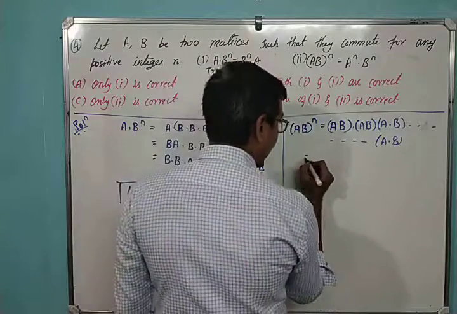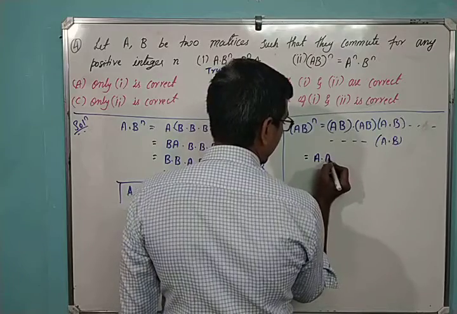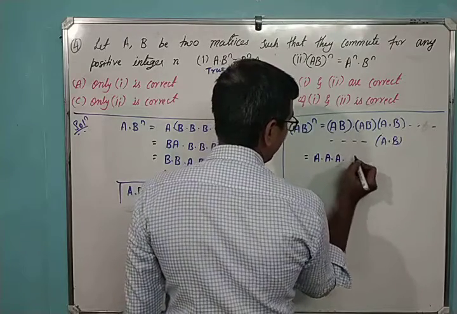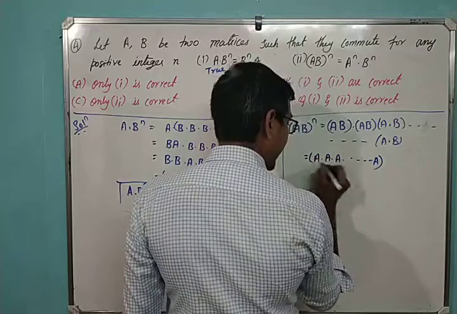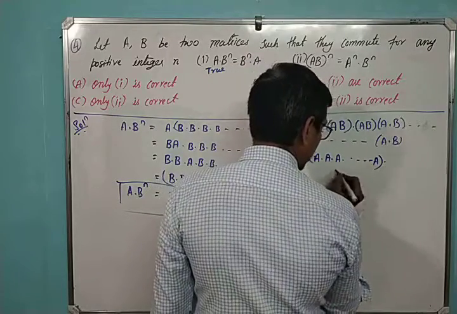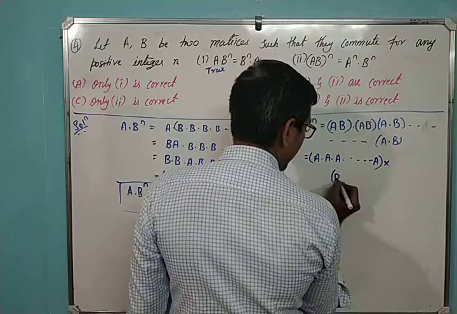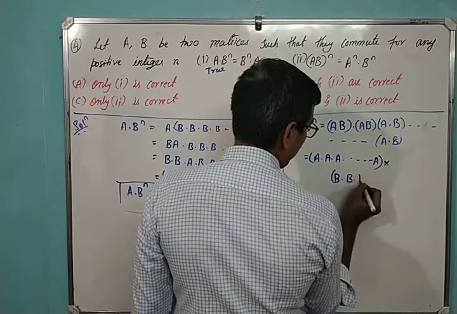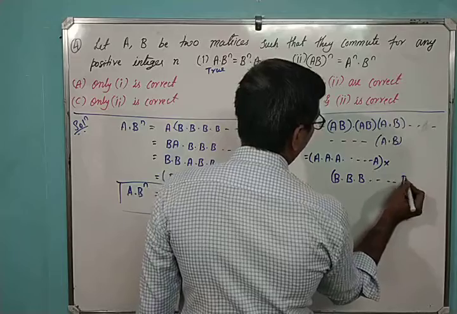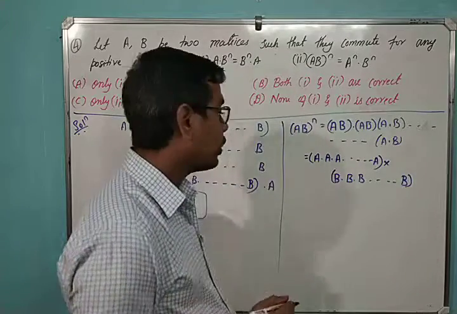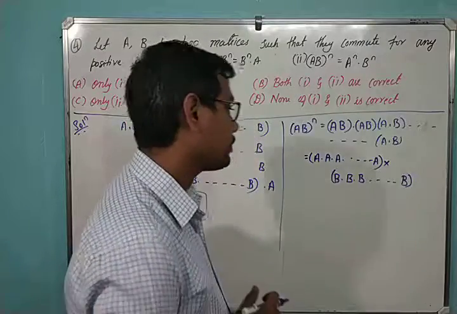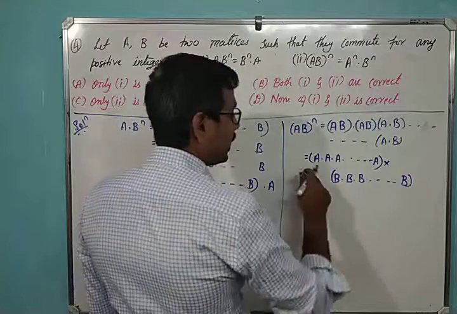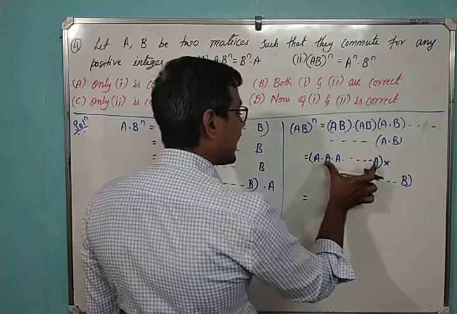So this I can write as A into so on up to A n times, into B into B, so on up to B n times. So this is up to n times, A to the power n.